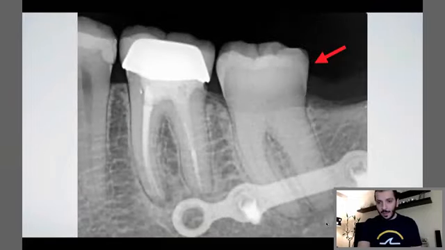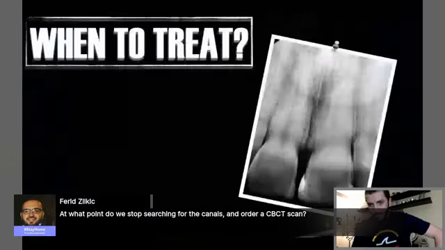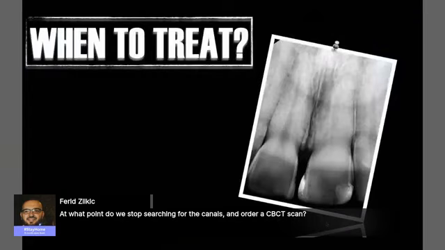An interesting question: at what point during the treatment do you decide to stop the searching and go to the CBCT scan? Yes, very nice question. Actually, I always try to avoid using CBCT scan. In calcified teeth, I always try to open the tooth directly without CBCT.